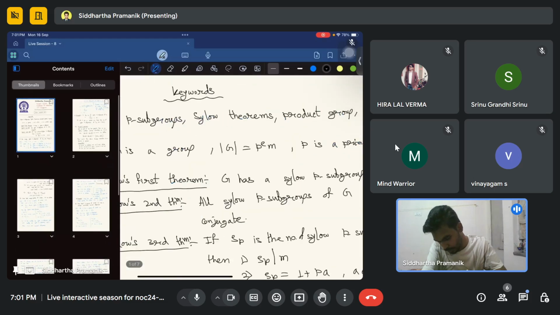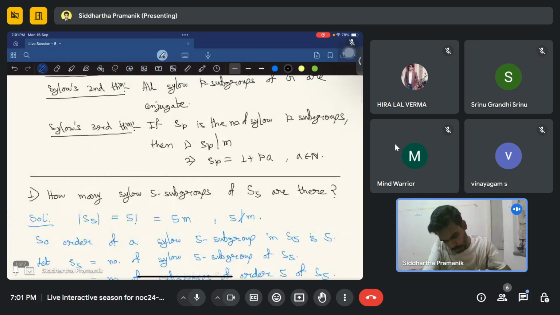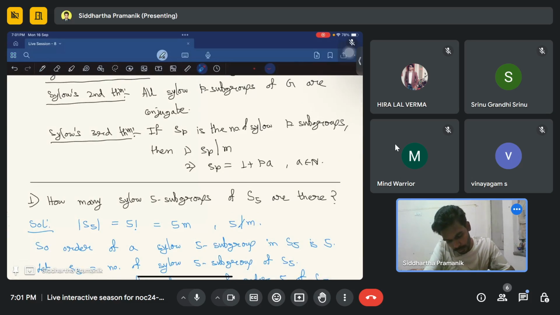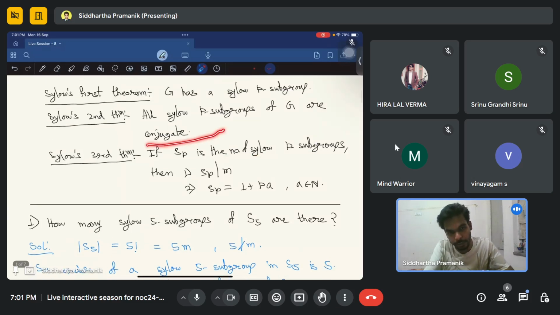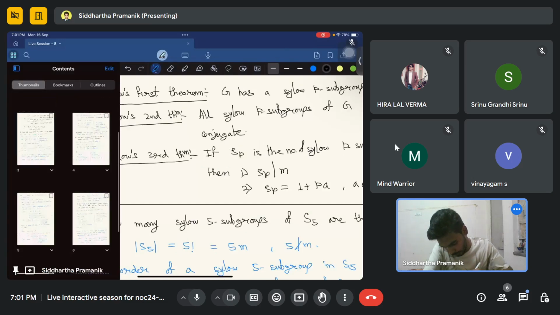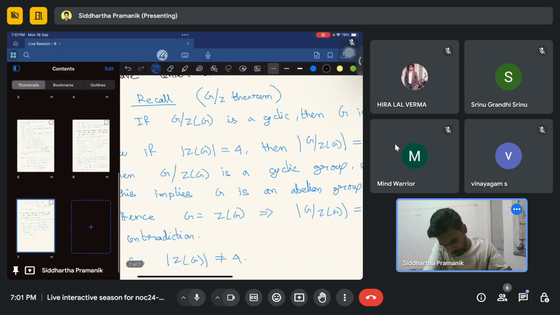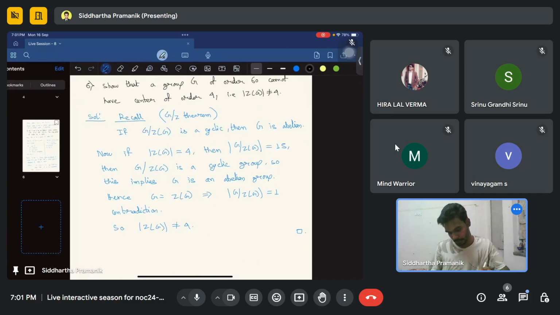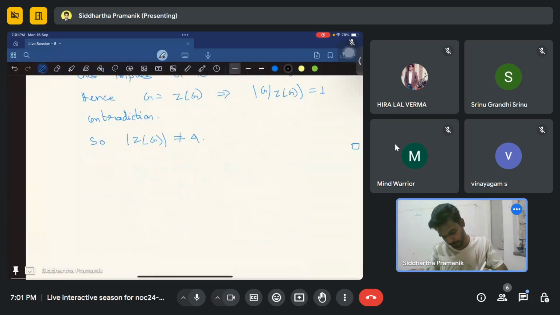In Sylow's third theorem, this says about the number of Sylow P subgroups, right? And all Sylow P subgroups are conjugate. Now we will see an exact formula for this. So this is problem number 7.